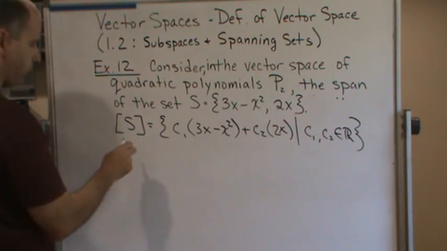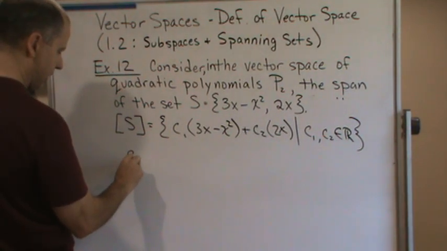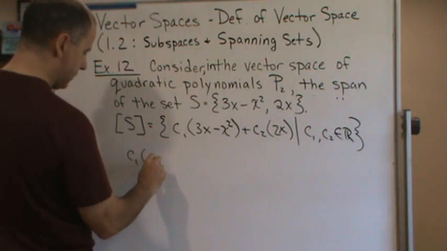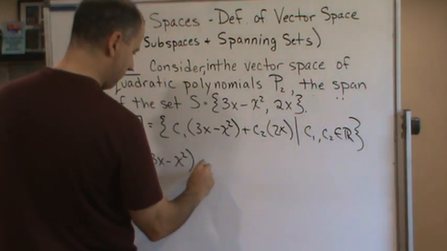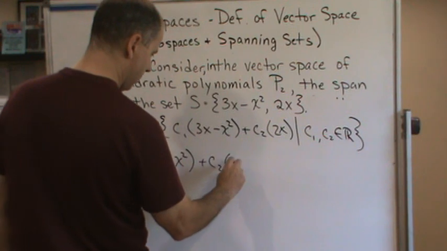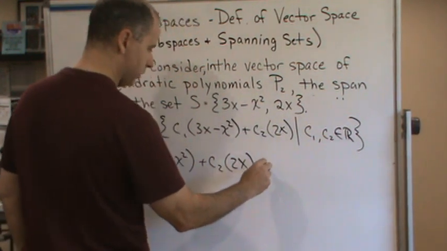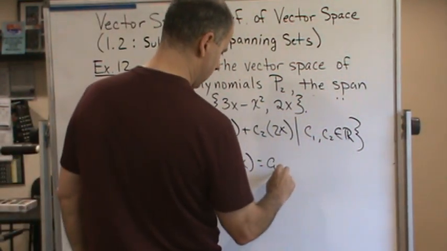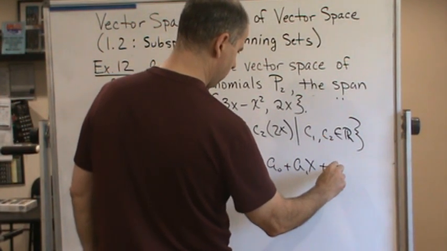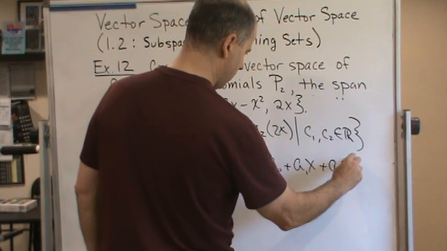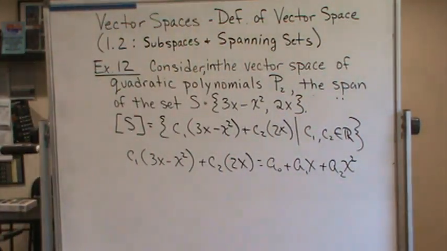We want C1 times 3x minus x squared plus C2 times 2x equals A0 plus A1x plus A2 x squared. And so we want to set up this system.